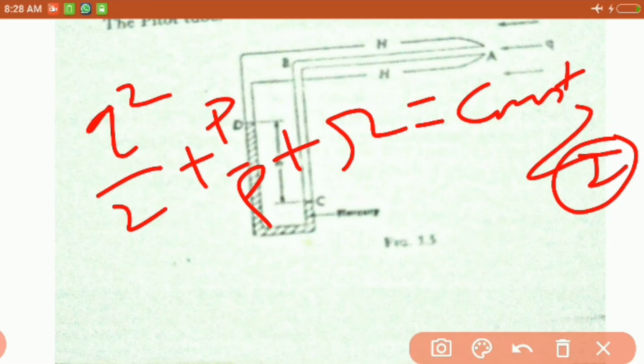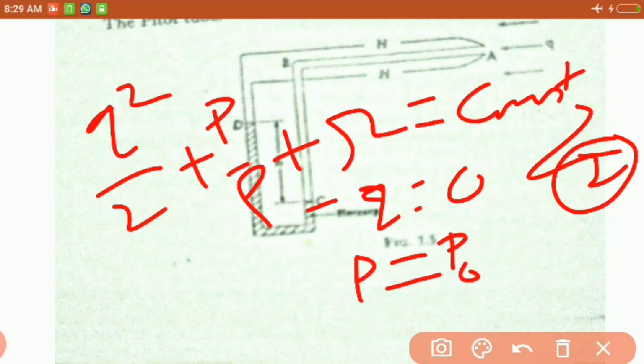And at this point C, q is 0 and P is equal to P0, and omega is also 0.